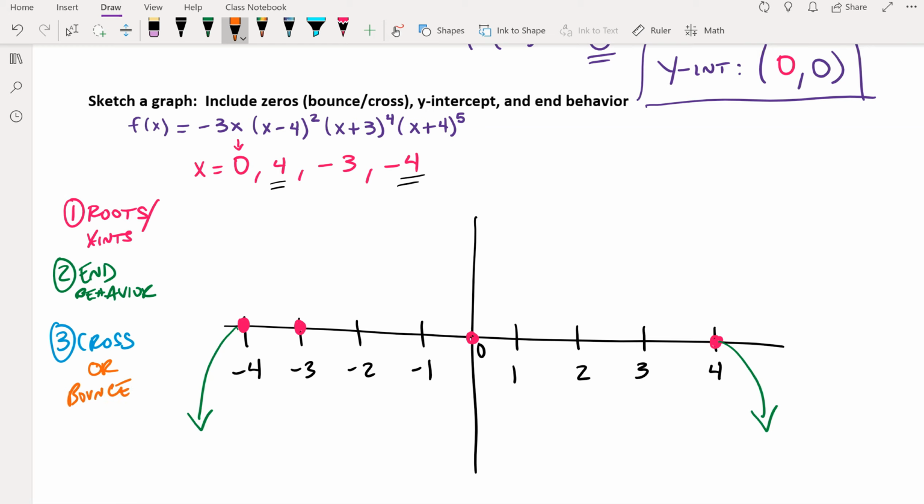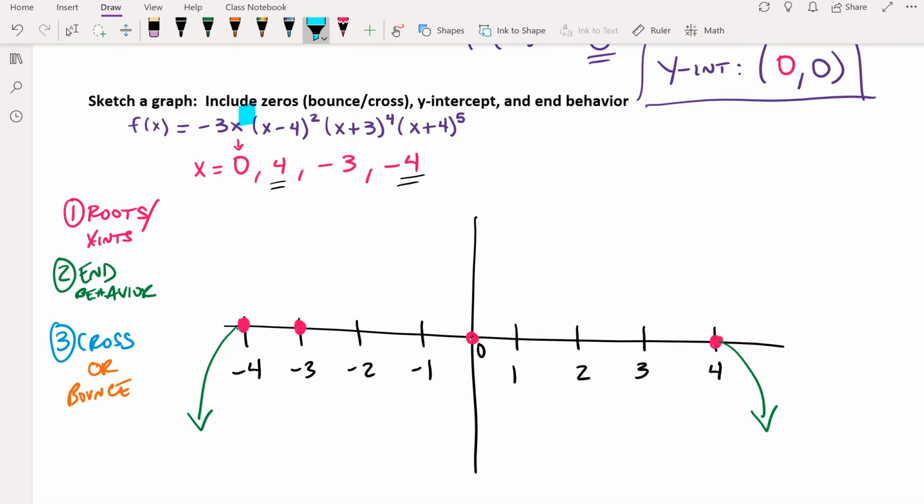Okay, so we know we have to touch these roots. We have to touch all of the pink points, the roots, the zeros, the x-intercepts. But we don't know if we cross or bounce at each one. So remember, if you're an odd exponent, you cross, and an even exponent, you bounce. We found those earlier.